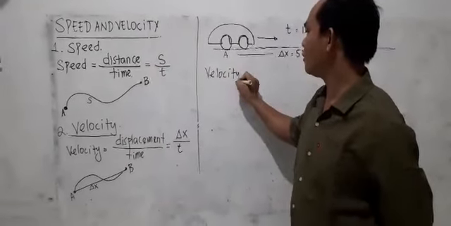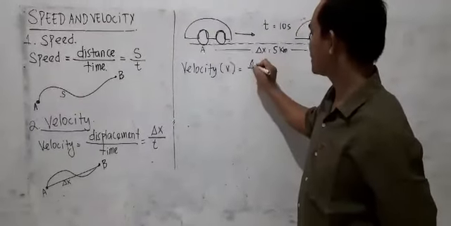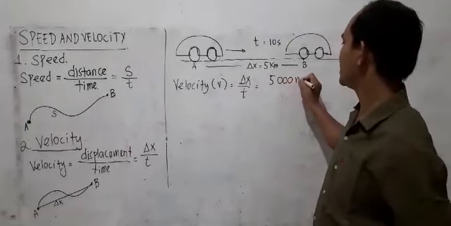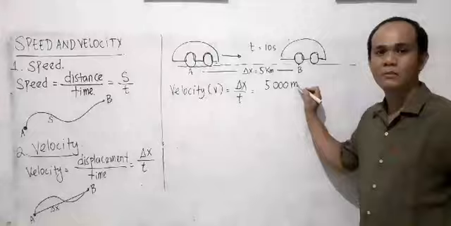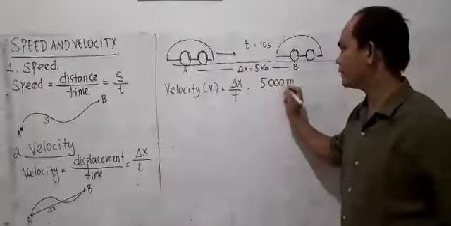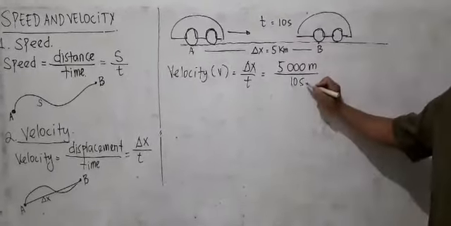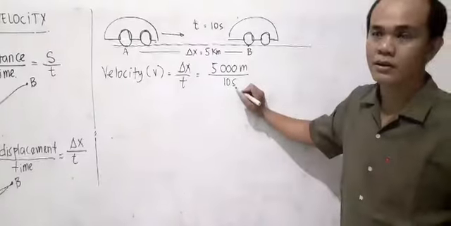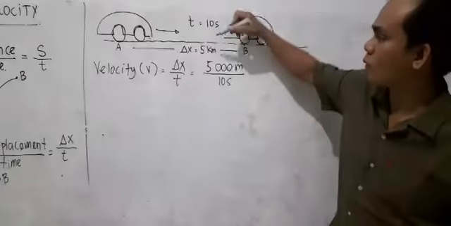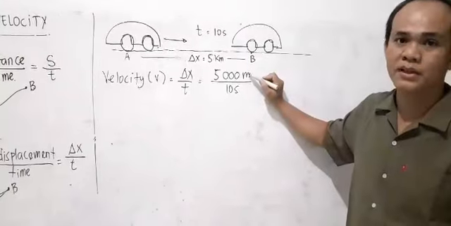So the velocity v is equal to delta x divided by time, which is 5,000 meters, because kilometers to meters is multiplied by 1,000. So 5 times 1,000 is 5,000, divided by 10 seconds. The international unit of length is meters and of time is seconds, so we have to convert kilometers to meters first.